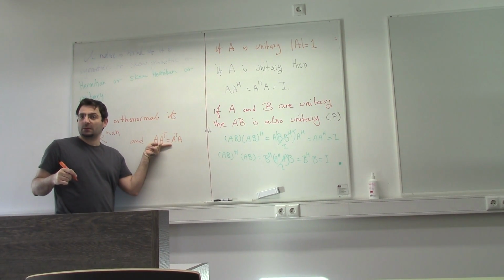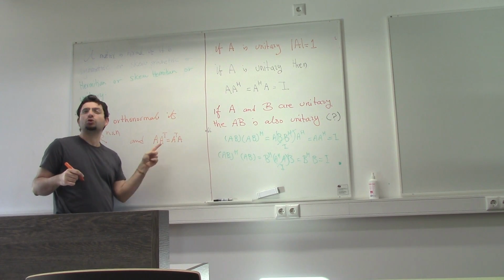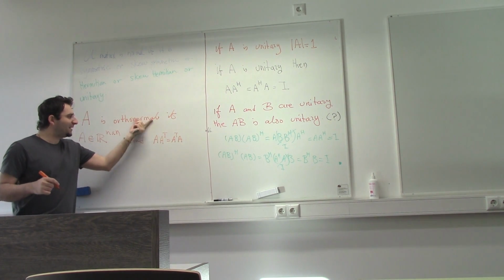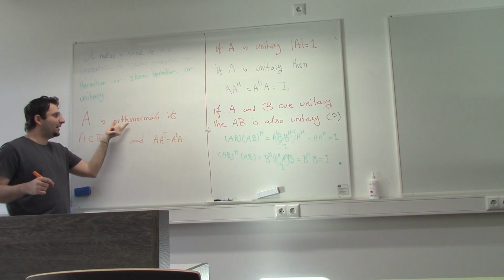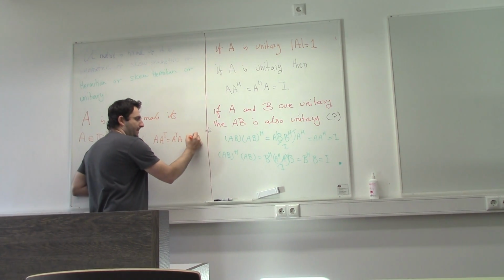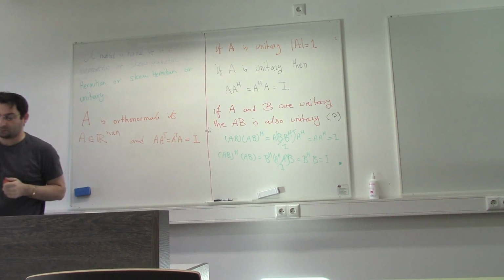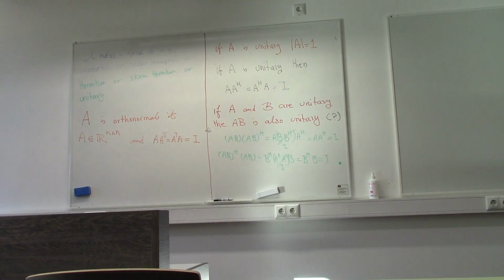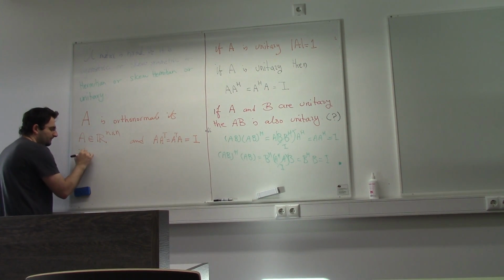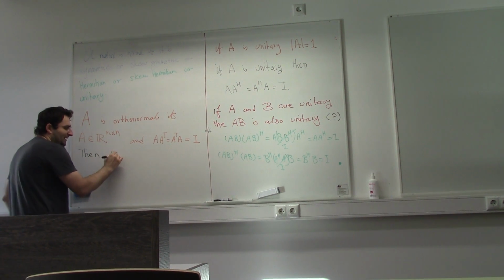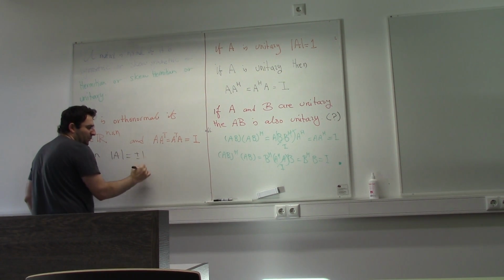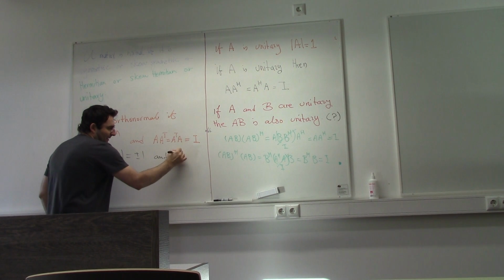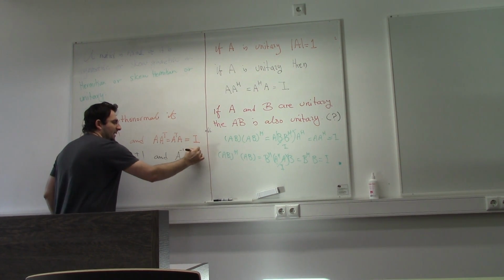What's this definition? Normal. So the normality is here, and then if this is equal to I, we call it orthogonal. Then the determinant of A is plus or minus 1, and as you can guess, A inverse is A transpose, right?